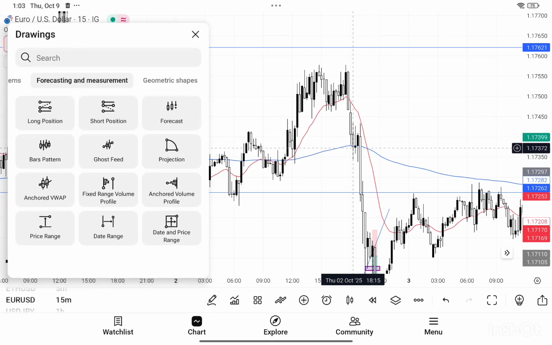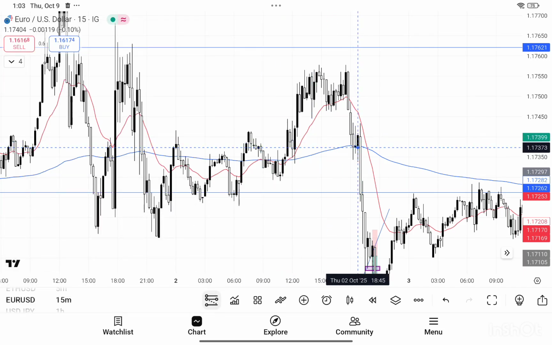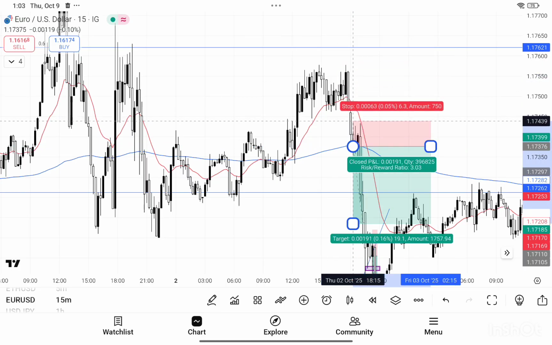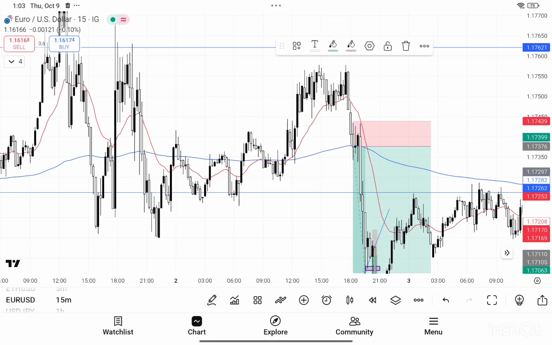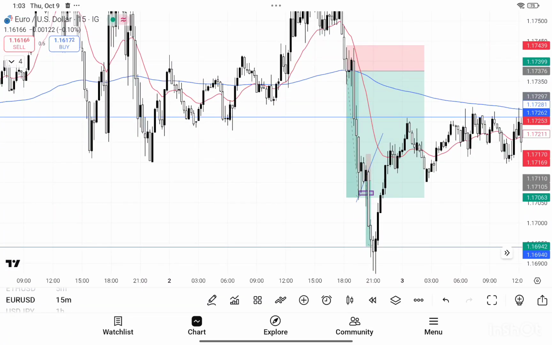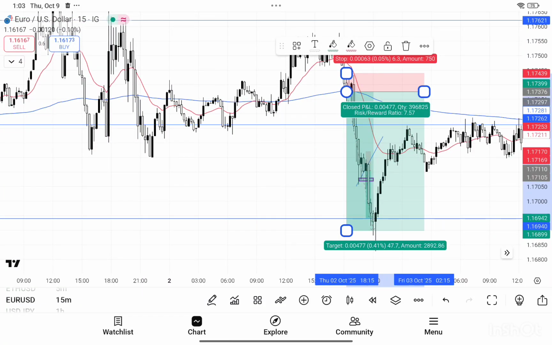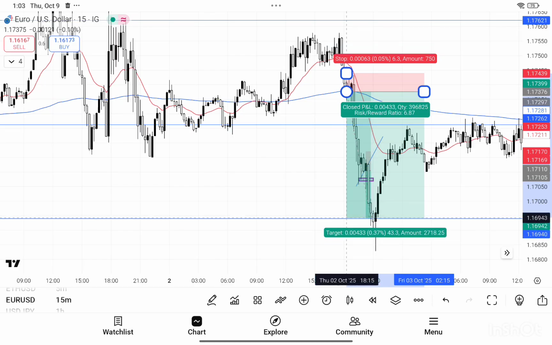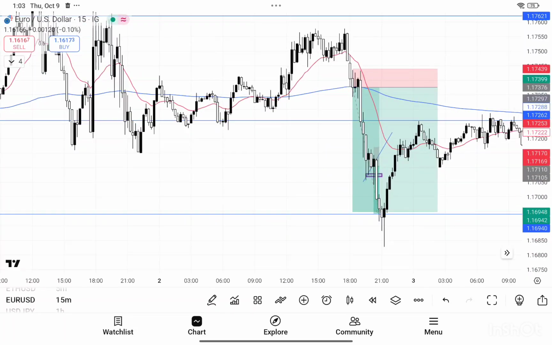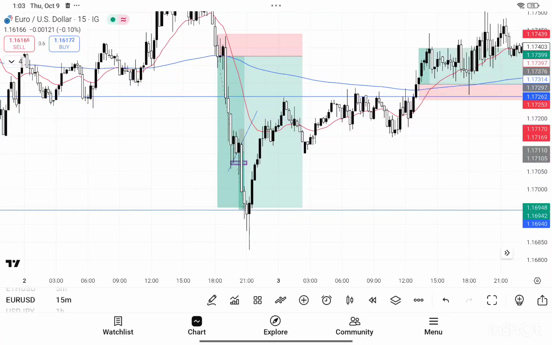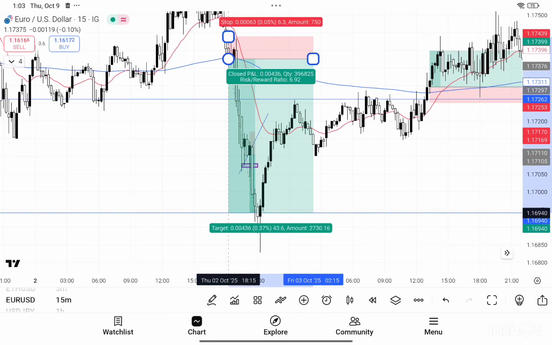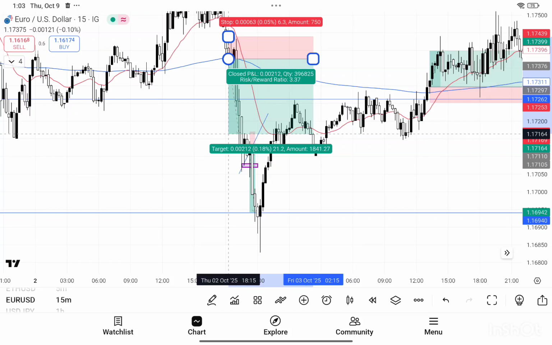So if you had entered over here, with this one short SL, look at the risk to reward, 1:7. If you have the guts, there are some levels you can make and try to keep your take profit over here, but it's still 1:6. Even if you trail and get back here, it is 1:3.